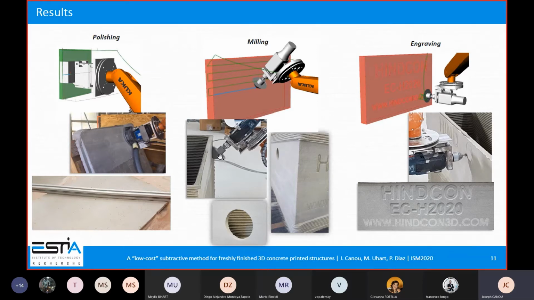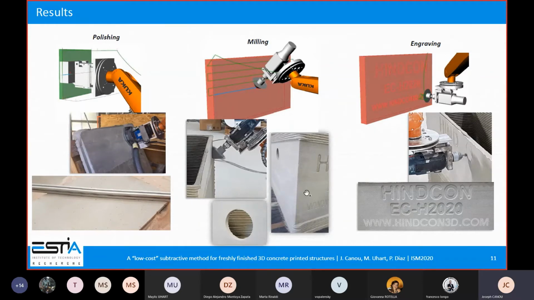Here, we are just talking about some euros for tools. This one is 10 or 15 euros, and this one is a little bit bigger, but it's also very cheap. And thanks to this strategy, so to do machining just after printing on relatively fresh concrete, not too dry, you can do these types of things, and you can get this type of result for just some euros.